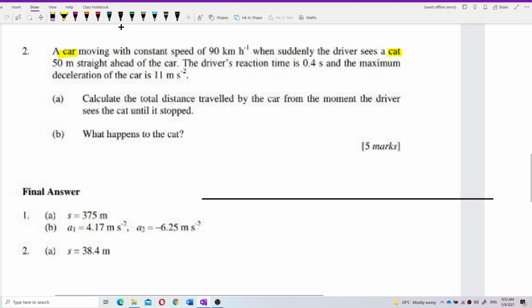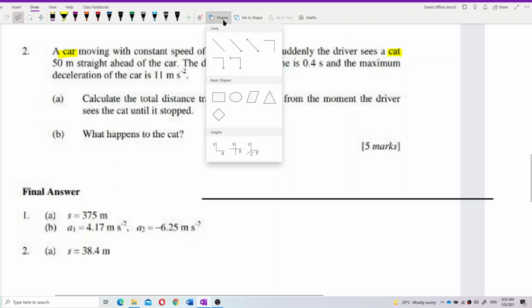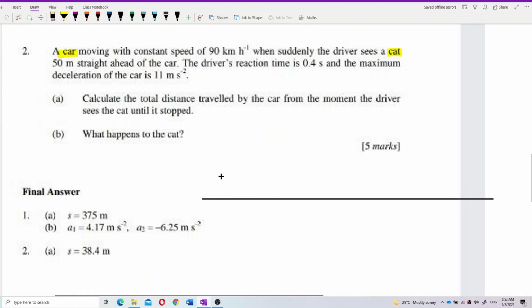Now I draw a car here. This is the car, right? He sees a cat over here.